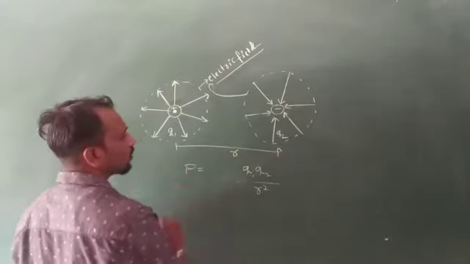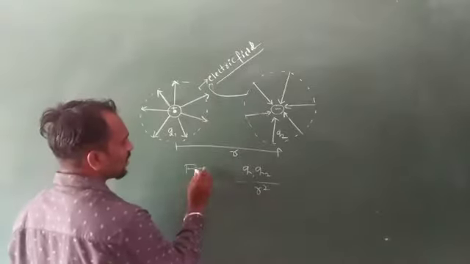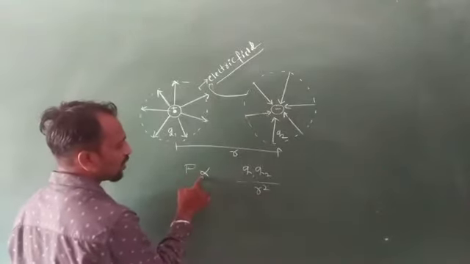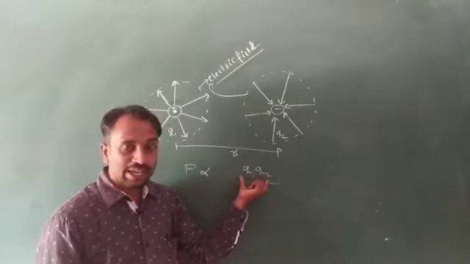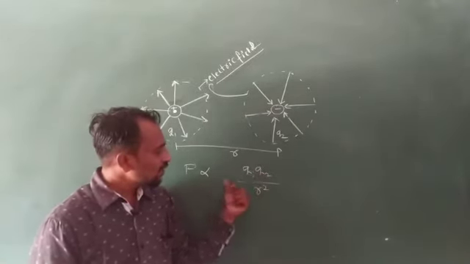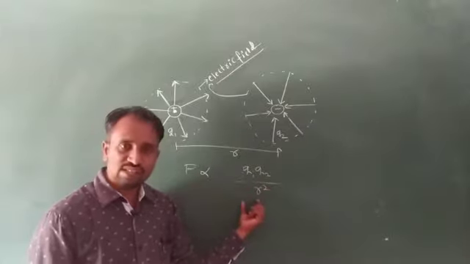So the force of attraction is directly proportional to the product of the magnitudes of the two point charges and inversely proportional to the square of the distance between them.